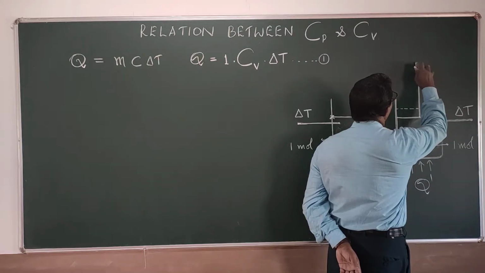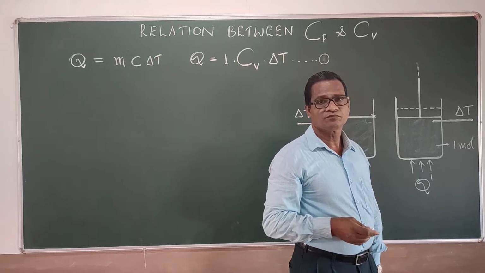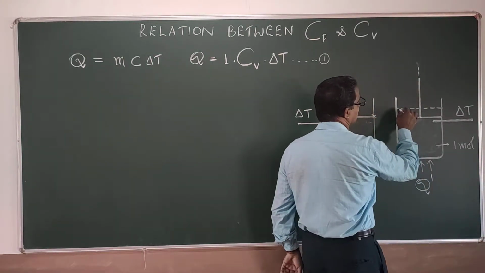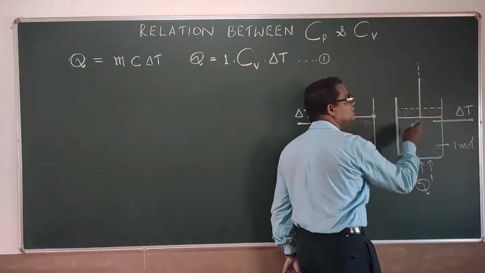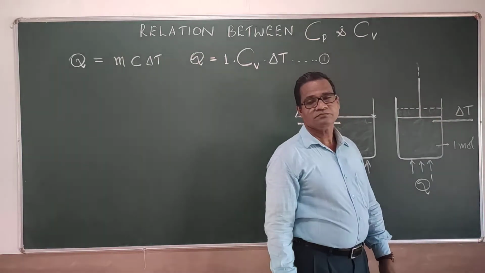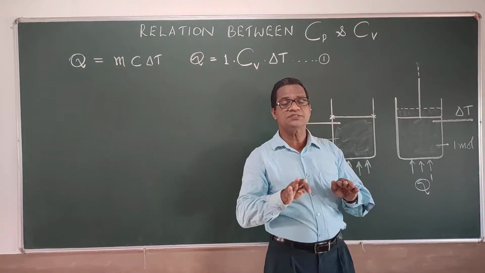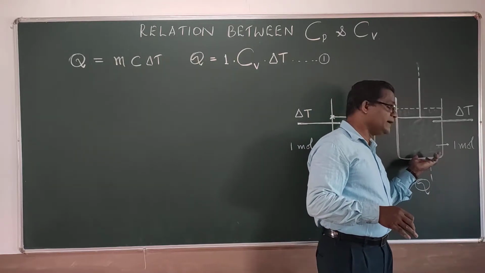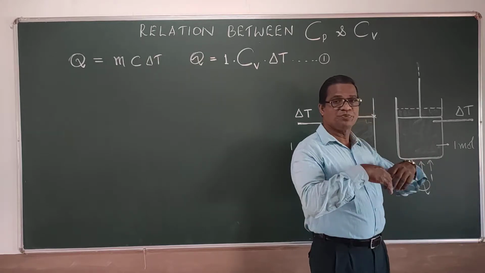Piston gradually moves up little by little, and when the temperature rises by delta T, the piston reaches a new position denoted by the dotted points. That means here the heating is taking place under constant pressure, because when you heat, the gas absorbs heat energy and tries to expand.